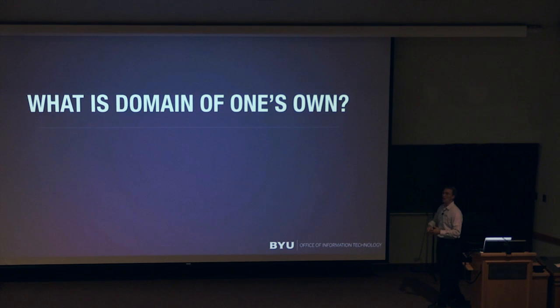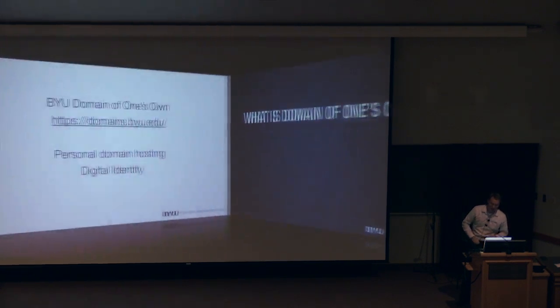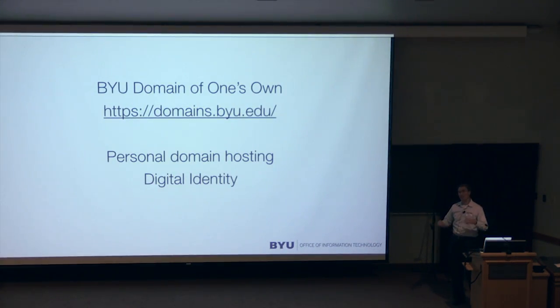Now, a personal API is also coupled with this concept that we're talking about, a domain of one's own. Who's heard of a domain of one's own? Okay, a few of you. So BYU has a Domains of One's Own site where you can sign up as a student, or if you're affiliated with the university as a student employee, or there's probably other roles that can do that.